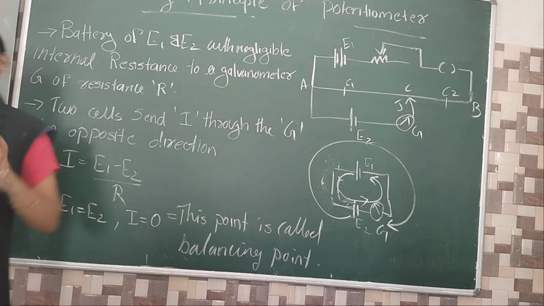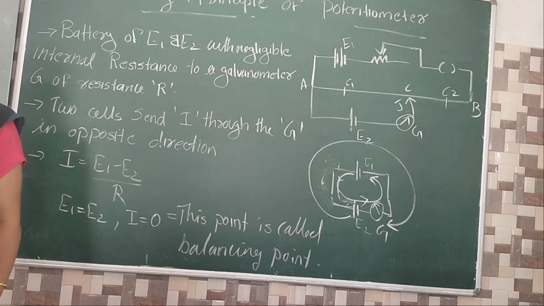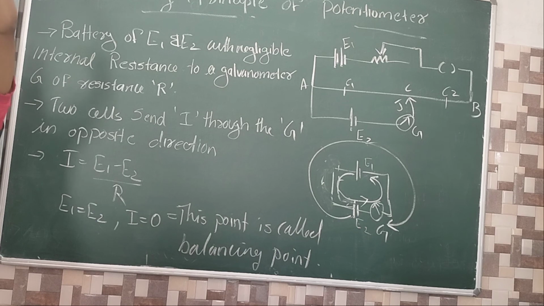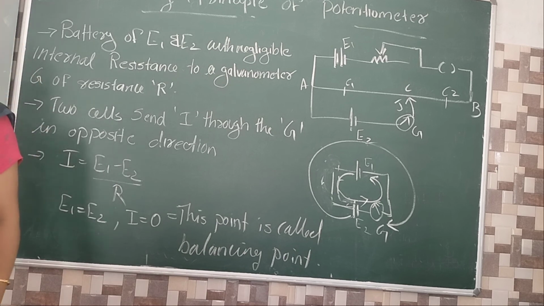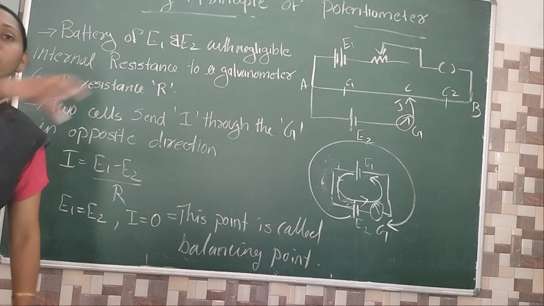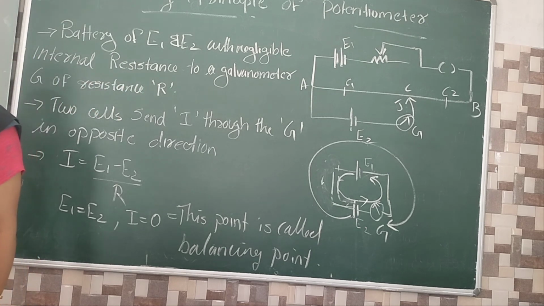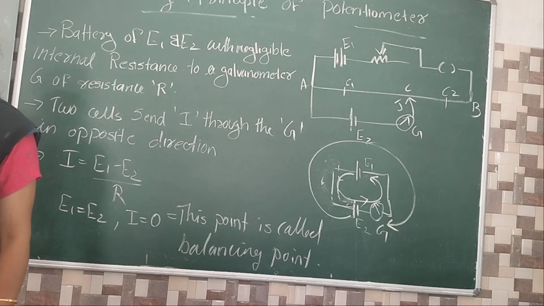So what is the balancing point of the meter bridge? IG current is 0. When does IG become 0? The voltage at the points in between the galvanometer should be the same. You remember? How is it in the meter bridge? The meter bridge also has a balancing point. We have to move from A to B. At one of the points, galvanometer deflection will be 0.